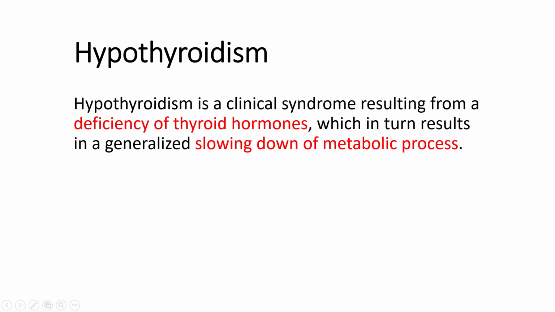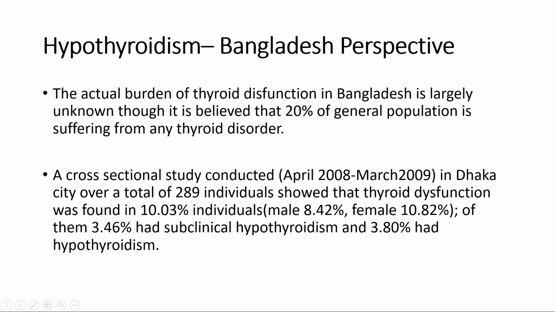Hypothyroidism is a clinical syndrome resulting from a deficiency of thyroid hormones, which in turn results in generalized slowing down of metabolic processes. Now, hypothyroidism, the Bangladesh perspective. The actual burden of thyroid dysfunction in Bangladesh is largely unknown, though it is believed that 20% of the general population is suffering from some thyroid disorder.